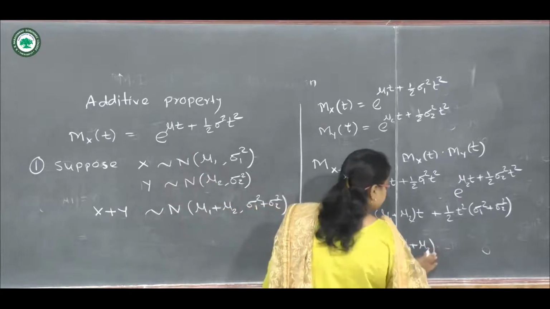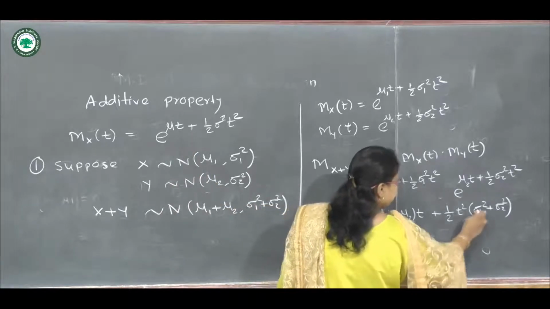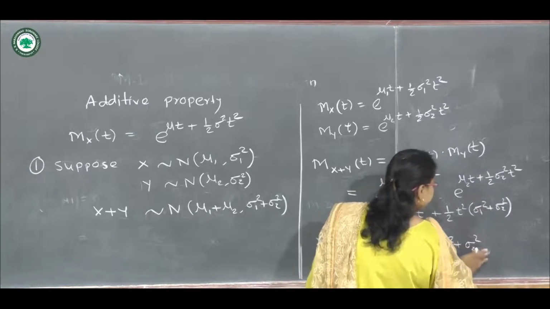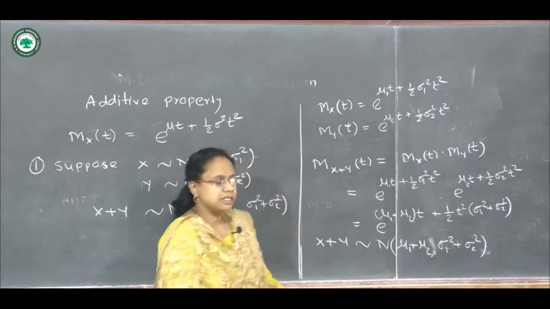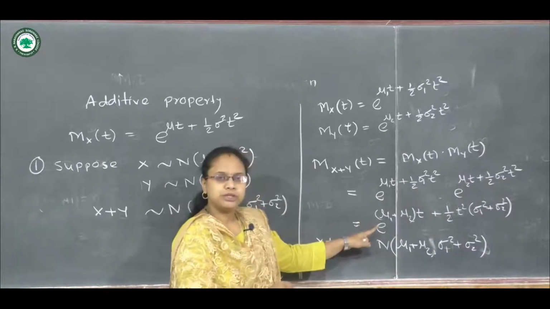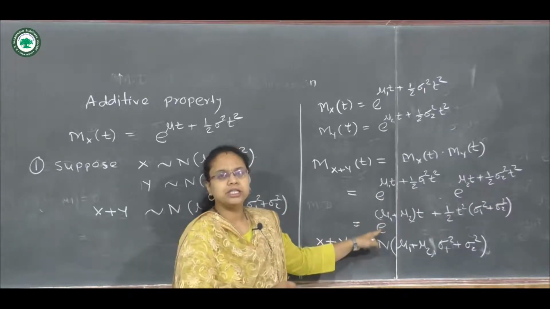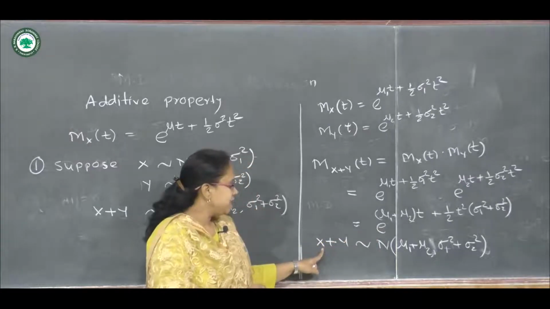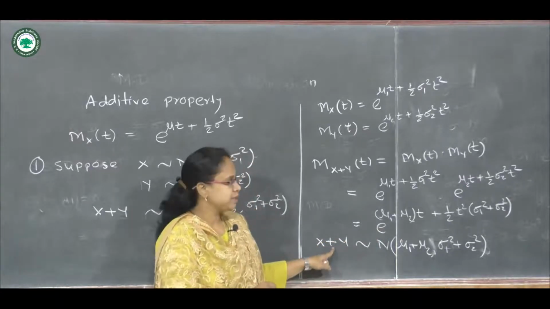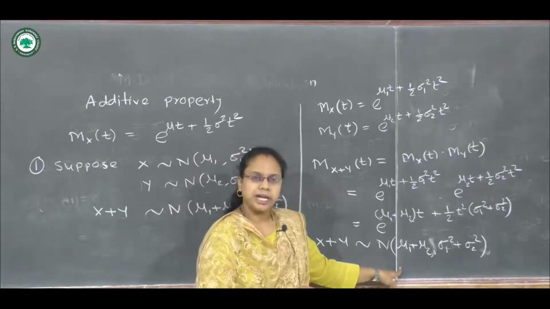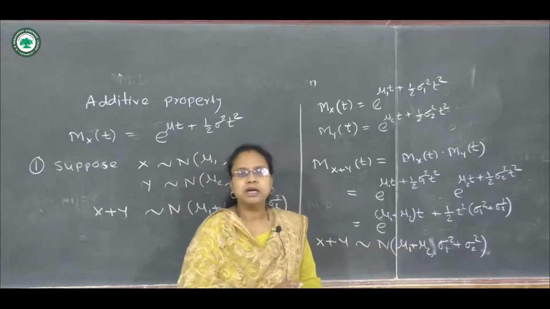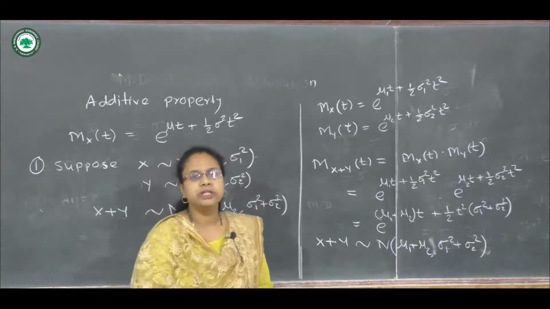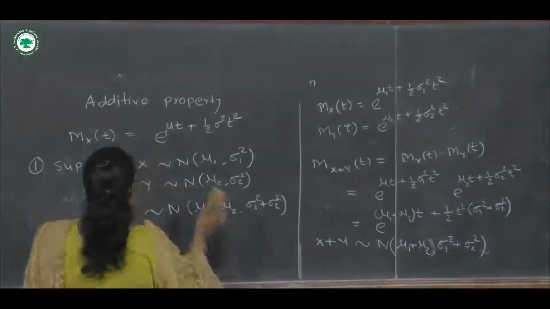Then the second parameter is sigma 1 square plus sigma 2 square. So since this is the MGF of normal distribution, by using the uniqueness property of MGF, the distribution of x plus y is again normal with these parameters. This property can be generalized to n variables also.